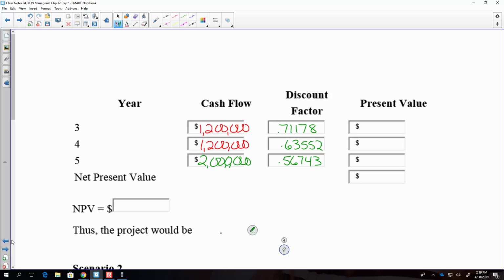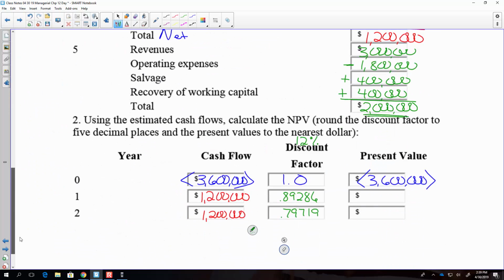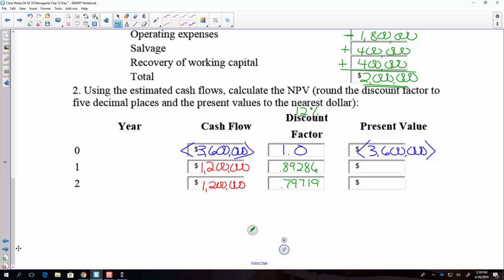Here again, much easier to do it on the calculator, but let's see what we get. Starting with the year 1 amount, 1,200,000 times 0.89286, and just round it to the nearest dollar.